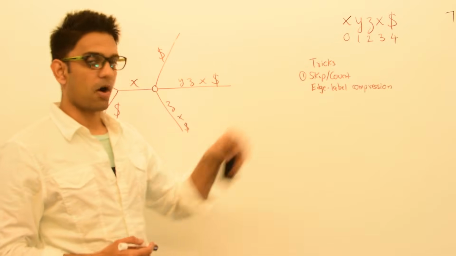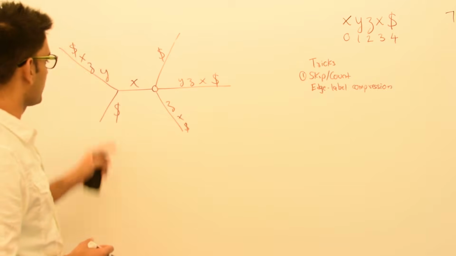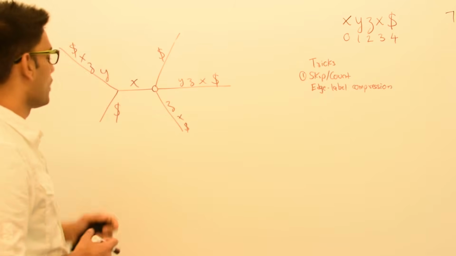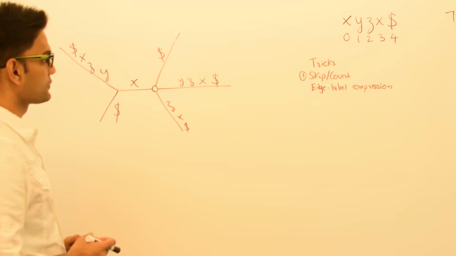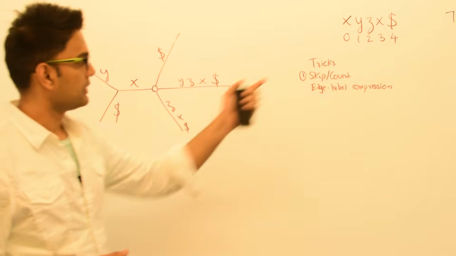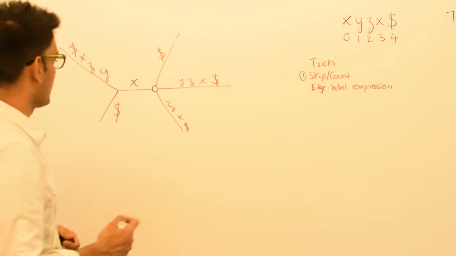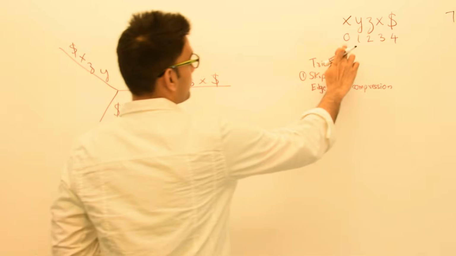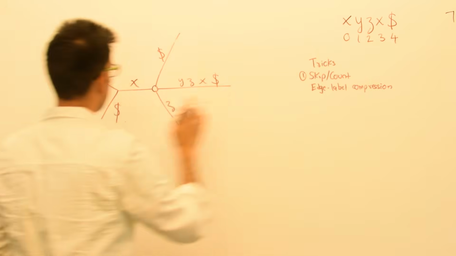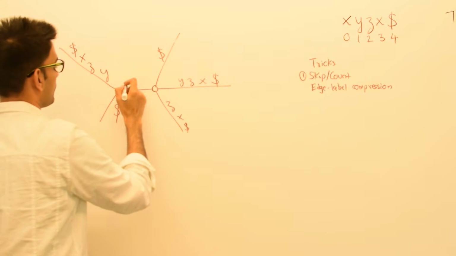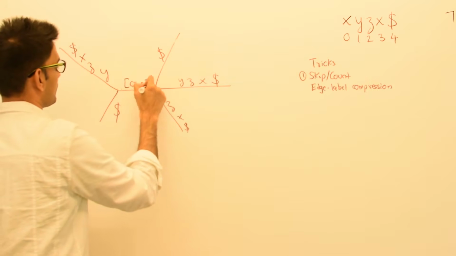So what edge label compression means is, instead of storing the actual characters on the edge, we will store the index range of those characters in the input array. So for x, we'll store it starts from 0 and ends at 0. So instead of x, we'll store 0, 0.